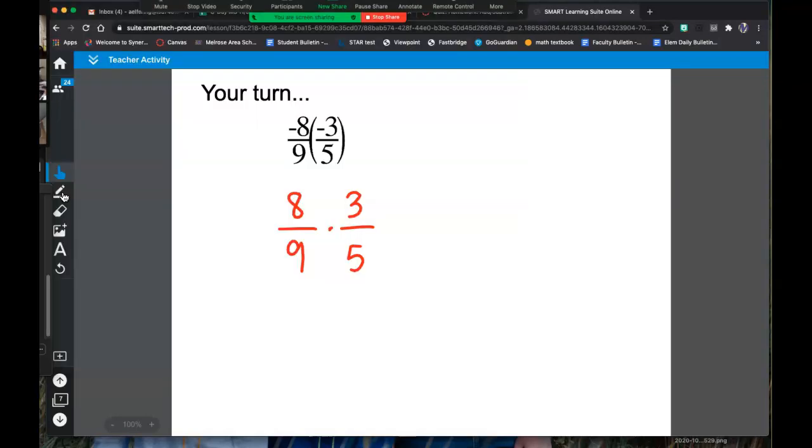Now, some of you just multiplied and you had 24/45. That's okay as long as you remember to simplify. You can divide both of these by 3 and you get 8/15. Now, for me, it's easier to simplify ahead of time.